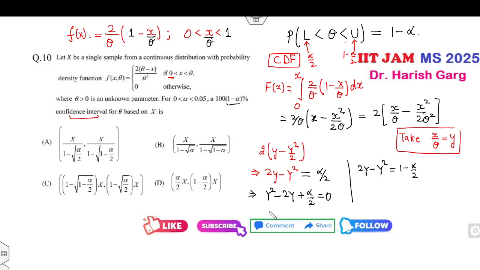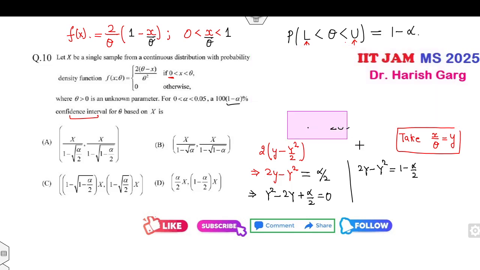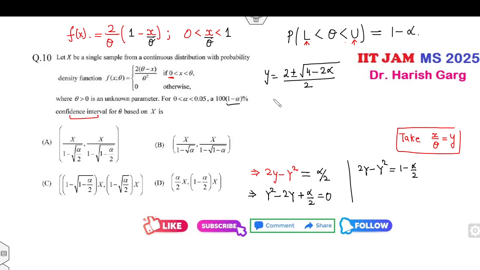Fine. So the value of y, I can find from this. It is a quadratic equation. Y is minus b plus minus square root of b square minus 4ac divided by 2. So 2 will be cancelled out. 1 minus alpha by 2. Fine.